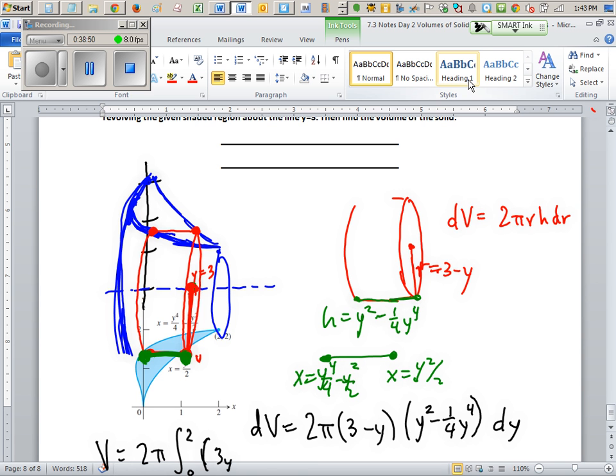So it's 3y squared minus 3/4 y to the 4th minus y cubed plus 1/4 y to the 5th dy. And to evaluate, plug in the numbers. It's just 2 and 0. And what did I give you for a final answer? 56 pi over 15.